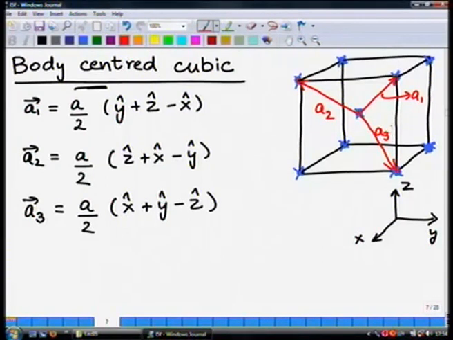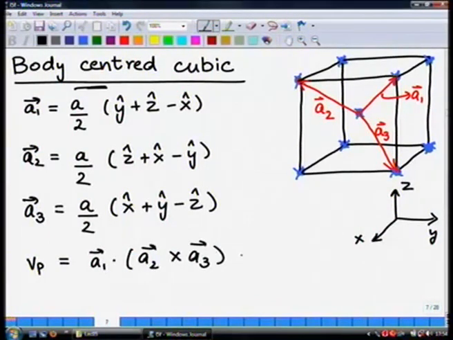Using these three vectors, you can imagine constructing a volume, a primitive cell. If I take the volume of the primitive cell, you can carry out this exercise, A1 dot A2 cross A3. You try this out, and this will come out as A cube by 2.